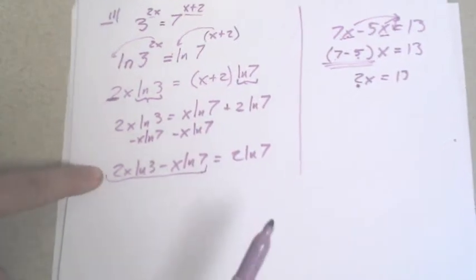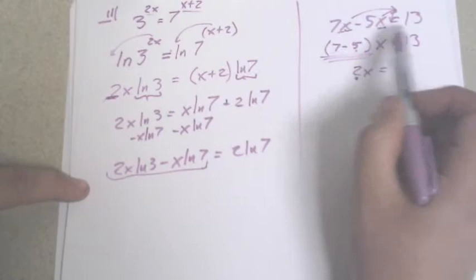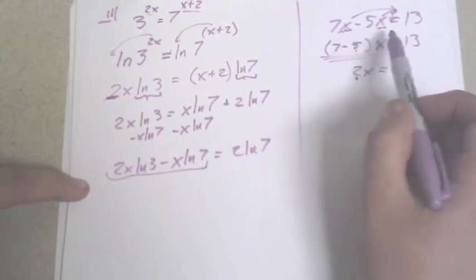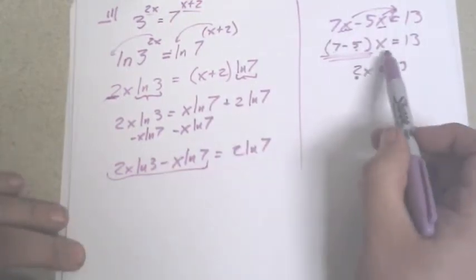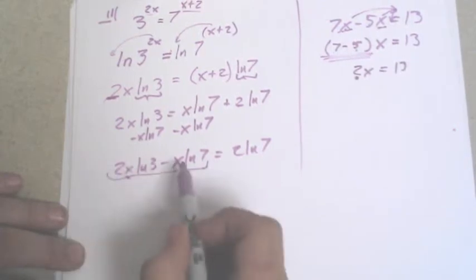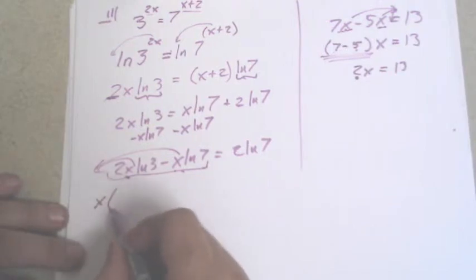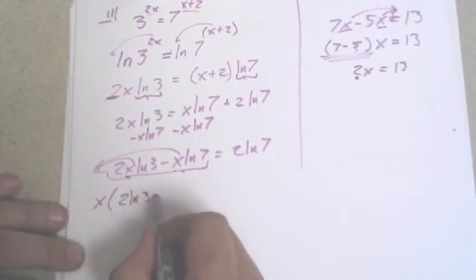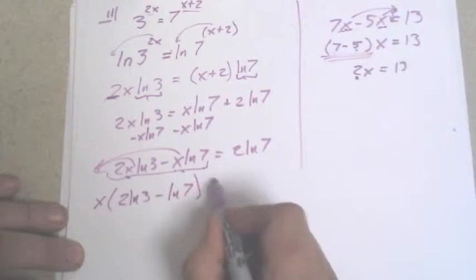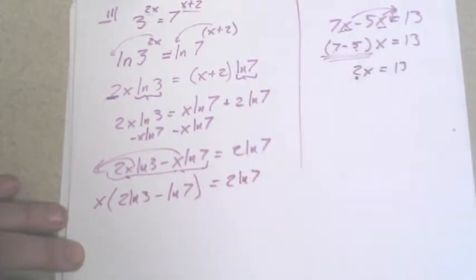Down here, we can't actually perform this subtraction in the normal way we'd like to for like terms, but we can still use the definition of like terms. We have an x in both terms, so factor it out. I'm going to factor it that way for convenience. It leaves a 2 natural log of 3 minus a natural log of 7, which again, if they were simple numbers, we could just take that subtraction.